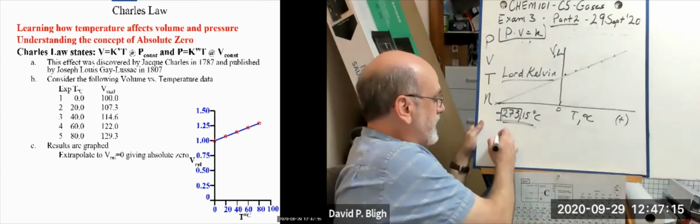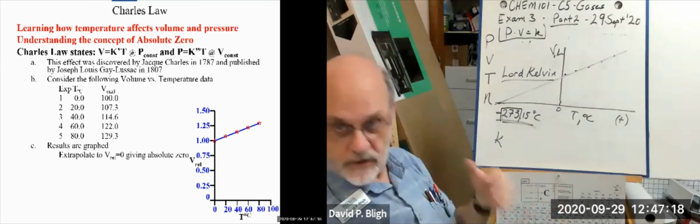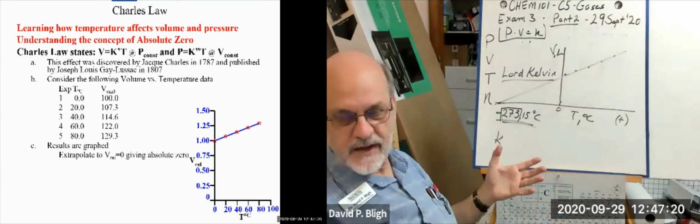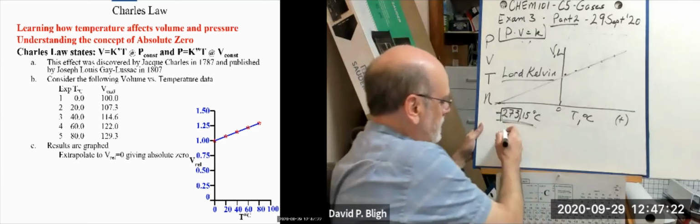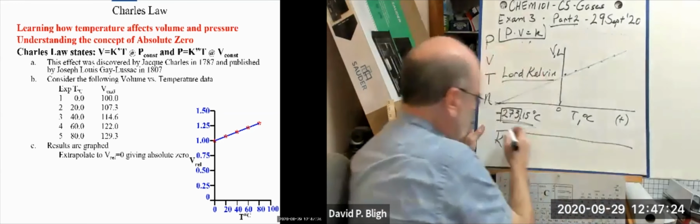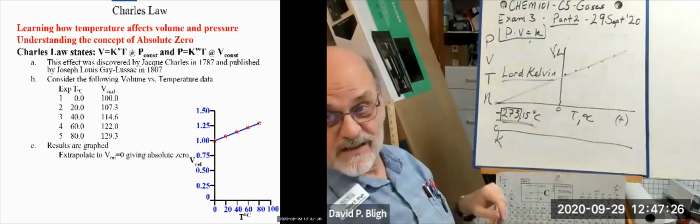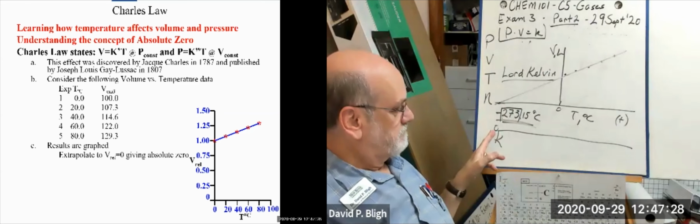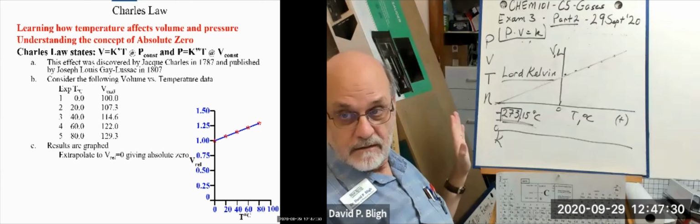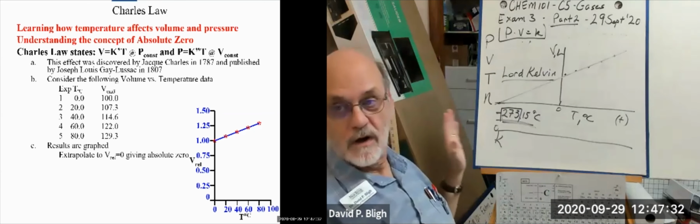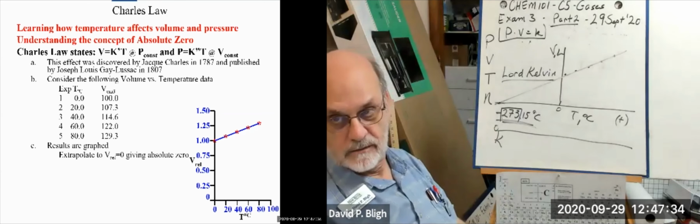We're going to call it K. Not degrees K, just K. The Kelvin scale. And now the Kelvin scale starts at 0. And every temperature value on the Kelvin scale is a positive value.